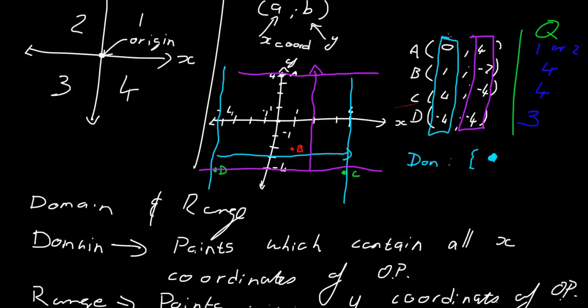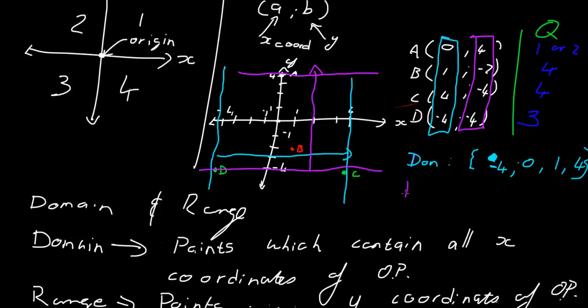What's our lowest x point? Because we need to write in ascending order, it's negative 4. So the domain is negative 4. Our next lowest x point is 0. Then we've got 1 and 4. See that? Negative 4, 0, 1, 4.